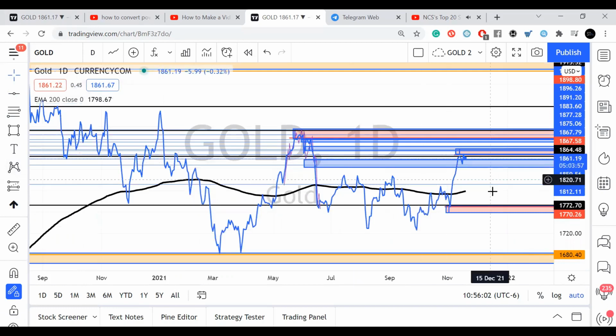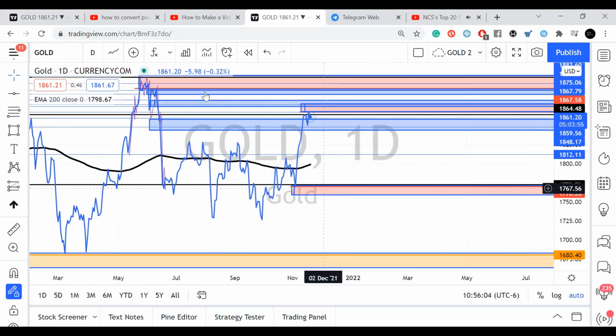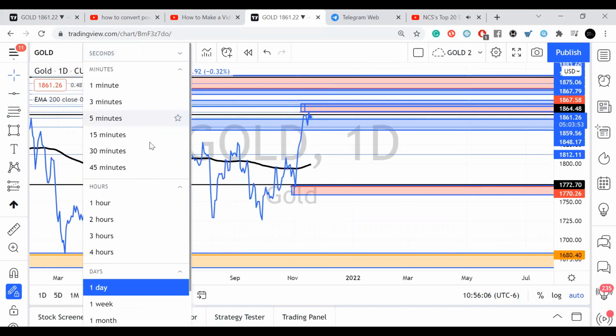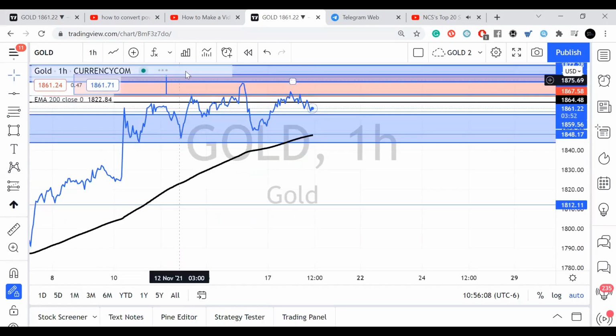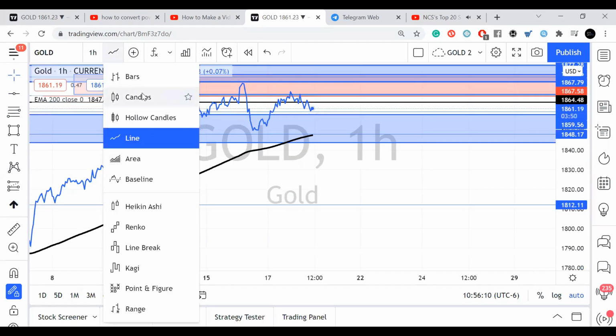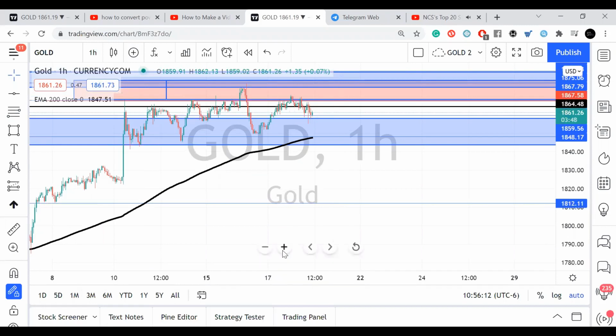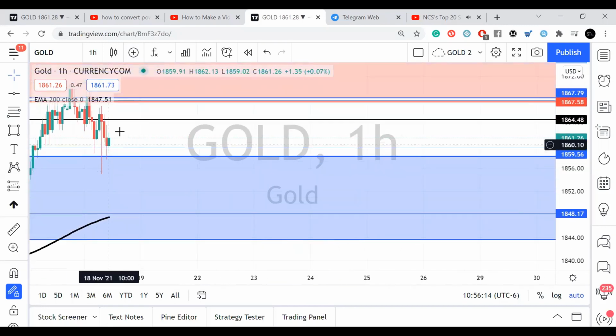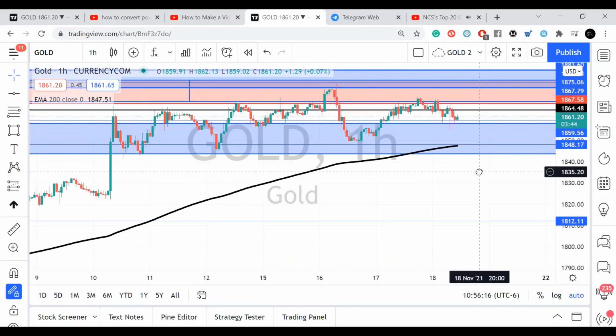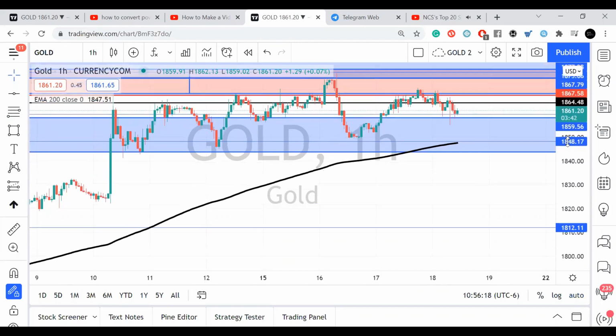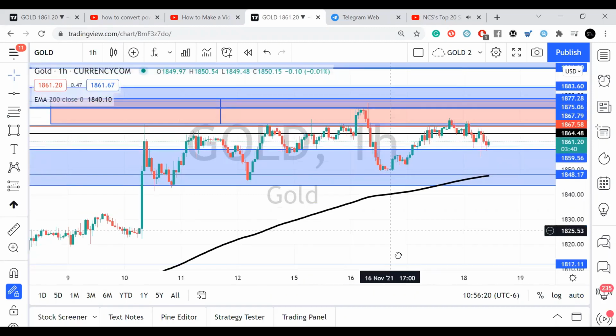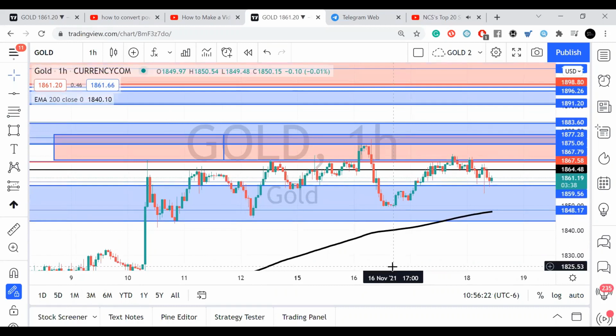So once you've marked those take profits, you can come back to the 1 hour chart. You see, the thing I forgot to mark is this one, this 1877.